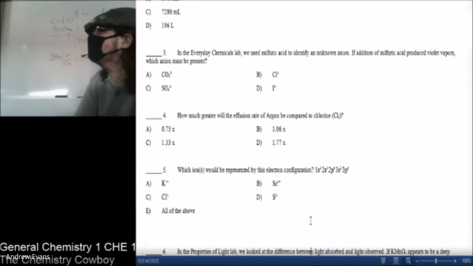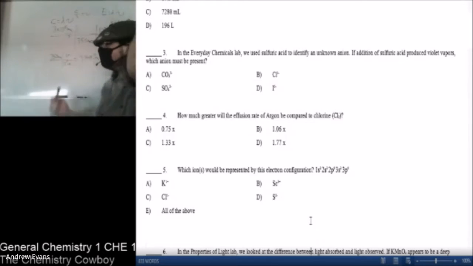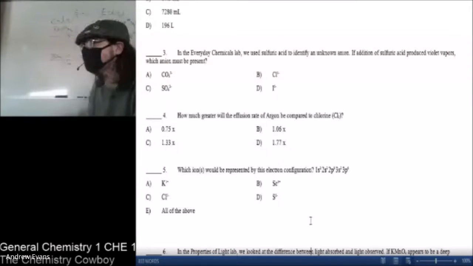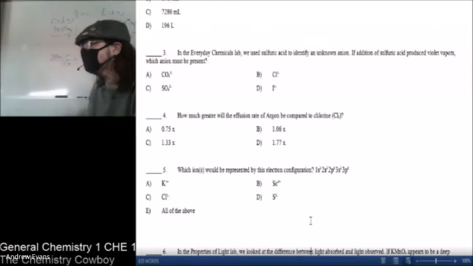If I look at each one and move them to their respective places, do they match? Potassium would be 4s1. When you become potassium plus 1, you lose the 4s and it becomes 3p6. So potassium is a possibility.